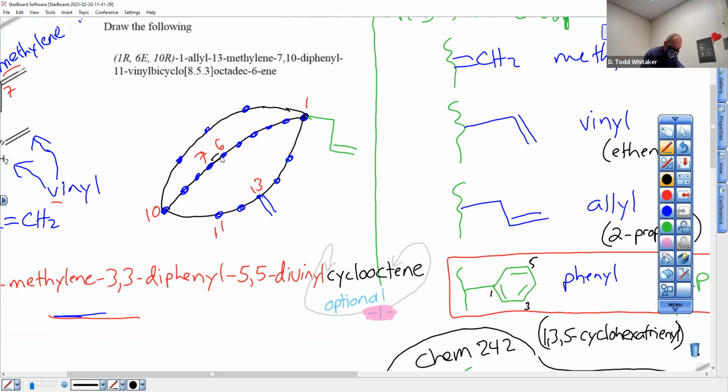Do you agree? What's the group on 7? Phenyl. What are you going to write? Is somebody going to write Ph? They're going to lose a half point. Somebody going to write C6H4? They're going to lose a half point. You're not allowed a short form when you draw a phenyl. You got to show me you know what a phenyl looks like. Makes sense, right? What am I going to test to see what a phenyl looks like? Nomenclature. What part of the test is nomenclature? Every time. Part 3.